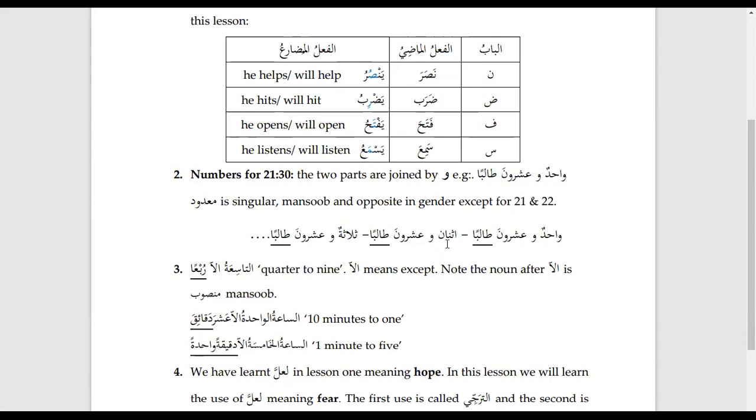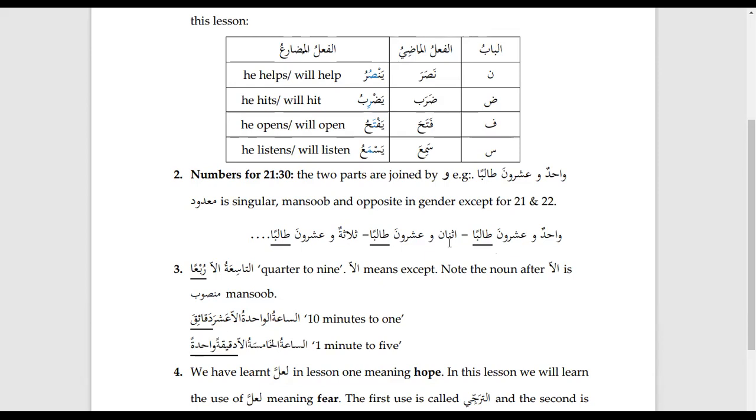So the numbers like 1 and 2, 11 and 12, 21 and 22, they are one set, and they will always be equal in number and gender. The rest of the numbers will always be opposite in number and gender. For example, from 3 up to 99, they will be opposite in number and gender.